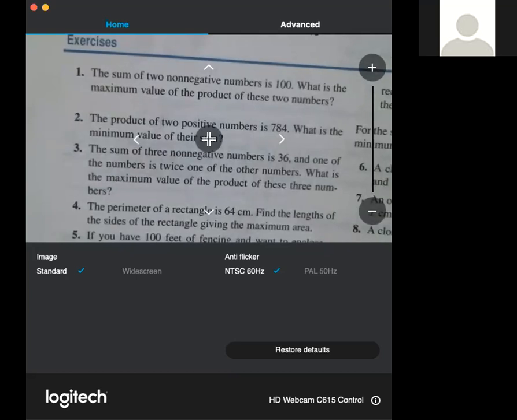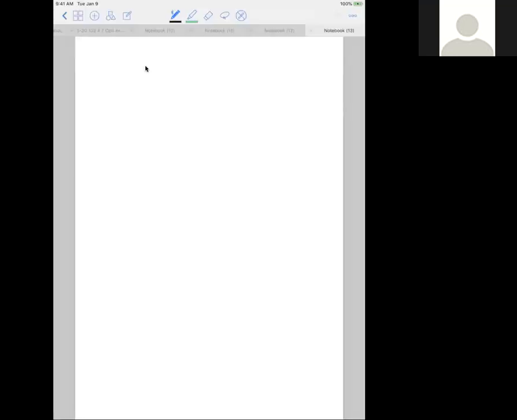Let's do that. Okay, so the sum of 2 numbers was 100, right? So we've got 2 equations. We've got a sum, and there's 2 numbers added together. We could call that S because we're going to want to give it a variable name.